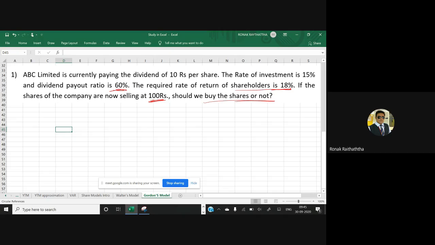Now, to apply the dividend discounting model, we require two things. One is the dividend, another one is the cost of equity. In other words, that is nothing but the required rate of return of shareholders, that is 18%. Both this information are given to us.